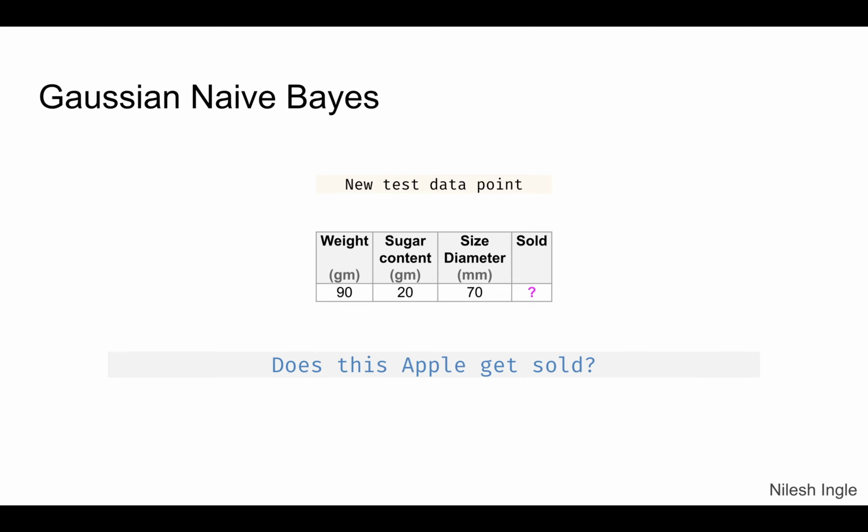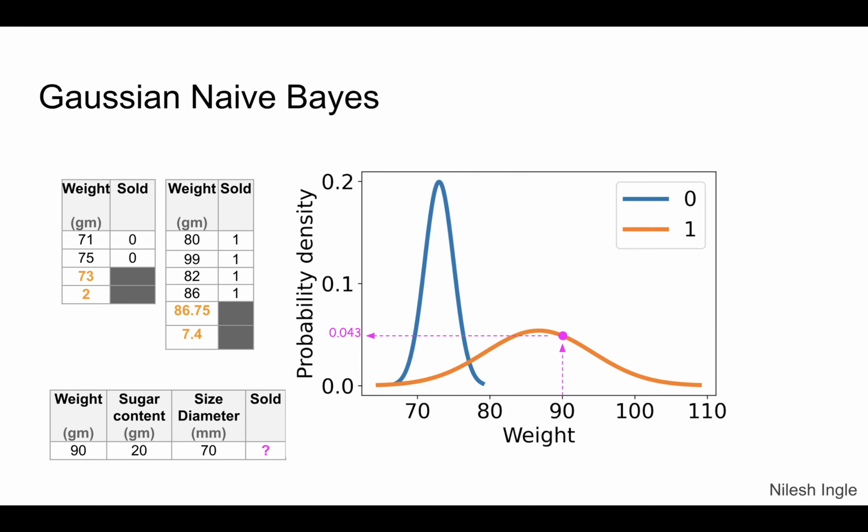Again, this is the same feature. So what we are going to do is create the Gaussian distribution based on the mean and standard deviation for each of the features for each of the classes that we have. So we have two classes, 0 and 1, and we have the distributions for those.